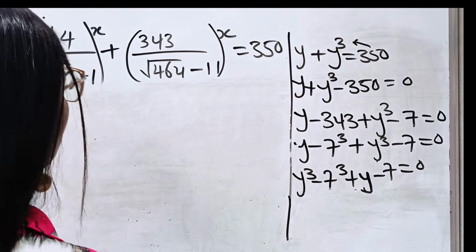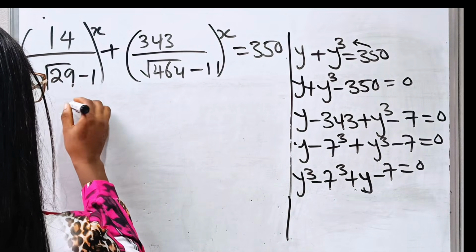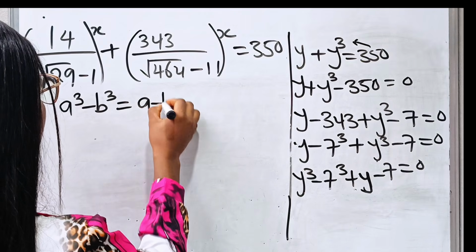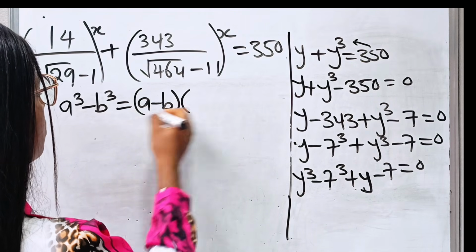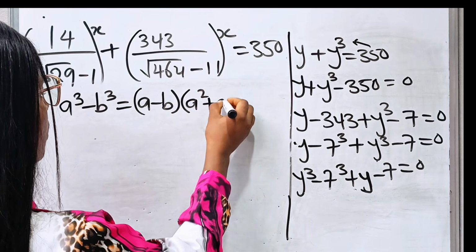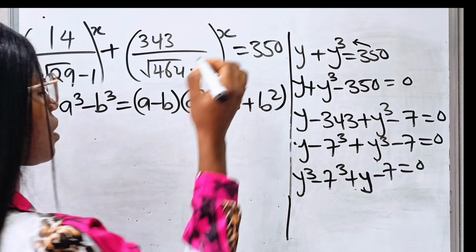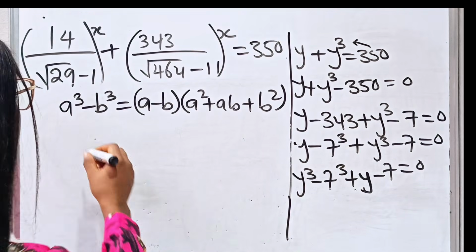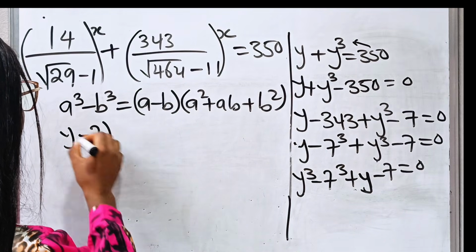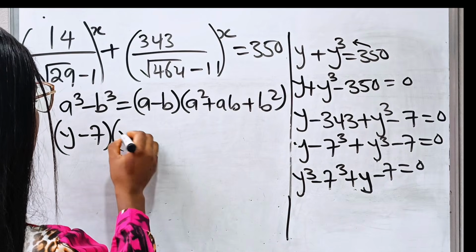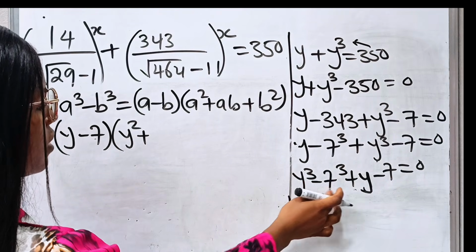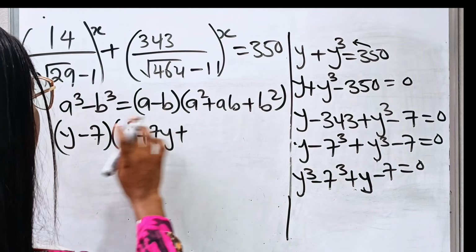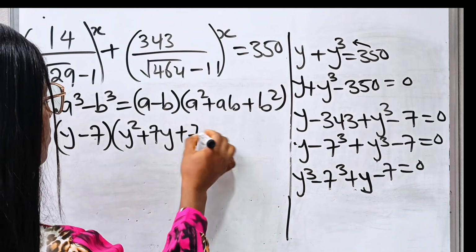So moving forward, we have that a to the power of 3 minus b to the power of 3 is equal to a minus b, multiplied by a squared plus ab plus b squared. So it simply means that this becomes y minus 7 multiplied by y squared plus 7y plus 7 squared.